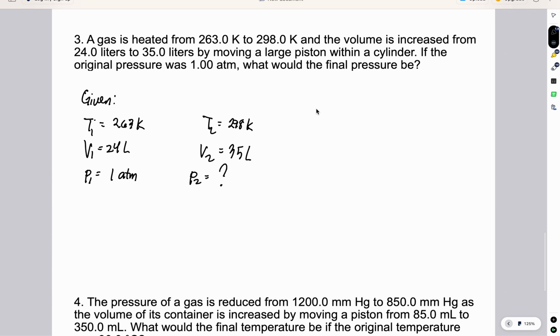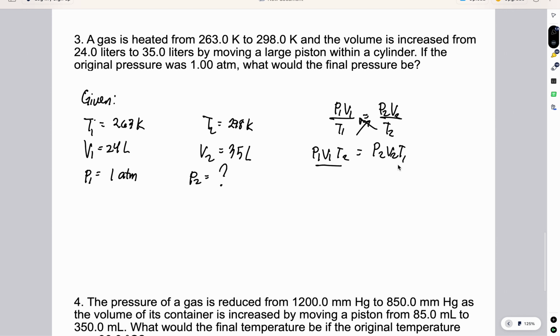So we go back to our combined gas law equation. We have P1 V1 over T1 equals P2 V2 over T2. And then we cross multiply. We have P1 V1 T2 equals P2 V2 T1.